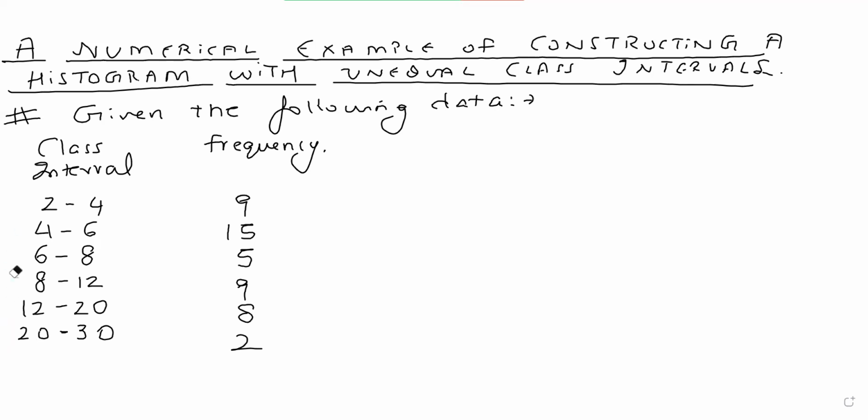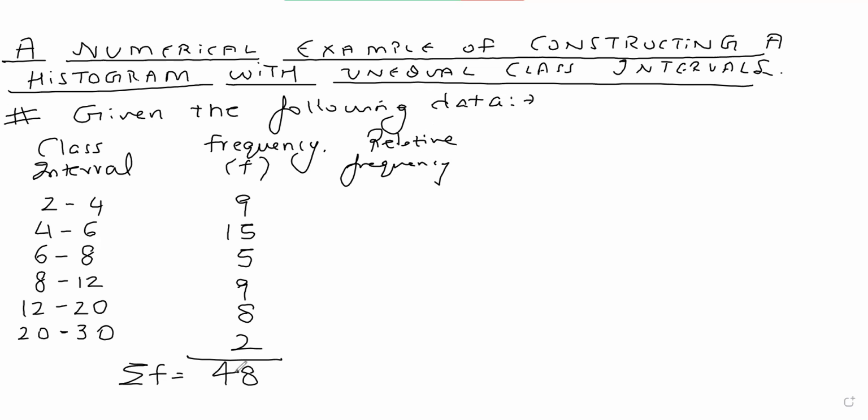Step number 1, I calculate the total frequency and the relative frequency. So what is my relative frequency? First of all, guys, when I add up all the frequencies, what do I get? 9, 5, 14, 19, 28, 36, 38.